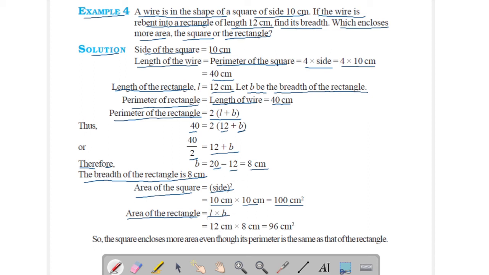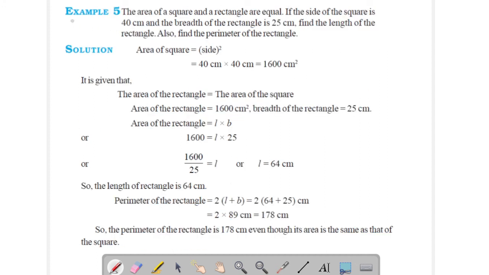Length is 12 centimeter and breadth is 8 centimeter. Multiply it, 12 into 8, it is 96 centimeter square. So the square encloses more area even though its perimeter is same as that of rectangle.